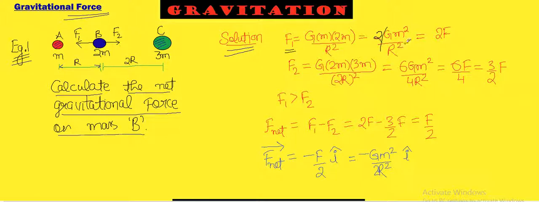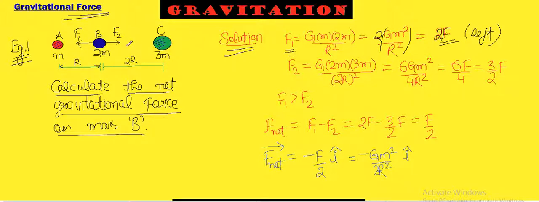Here I am putting Gm square by r square as a single new variable F. This trick is useful when you have more than 2 or 3 or 4 force vectors. So the force F1 is basically 2F towards left.